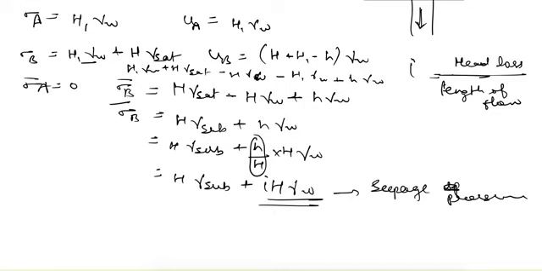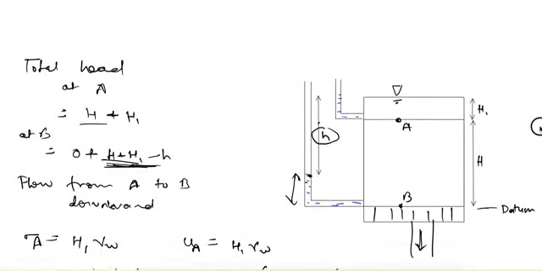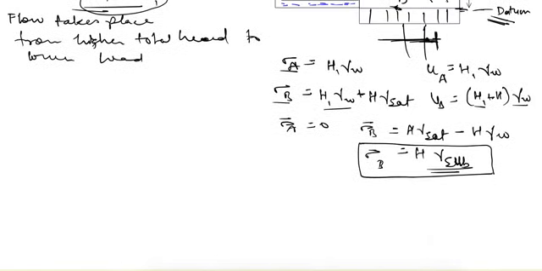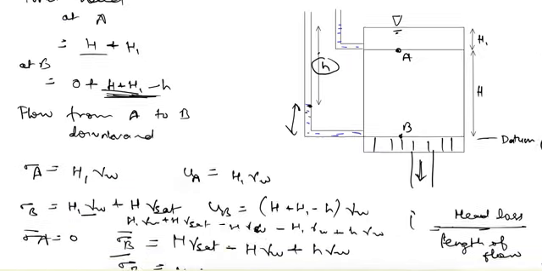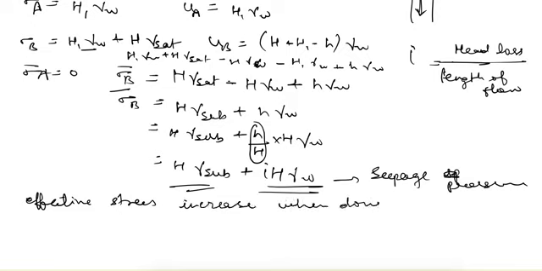So if we compare the no flow condition and the downward flow condition, in no flow condition we saw that effective stress at B was H times gamma submerged, and in downward seepage condition effective stress is H times gamma submerged plus i H gamma W. That means effective stress increases when downward flow takes place.